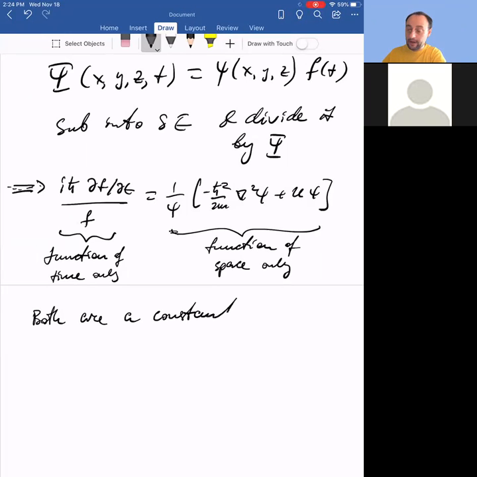This is called the separation constant. We use the letter E for it because the physical meaning of that constant is energy. Okay? We have exactly the same thing in 1D.